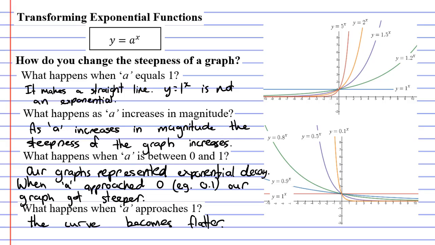Now, before we move on to the next transformation, let's write a couple of notes to ourselves. First of all, we know that they all seem to pass through 0, 1. And I'm going to draw kind of like an imaginary line across my x-axis. And I mentioned this in an earlier video. This imaginary line is known as the asymptote.